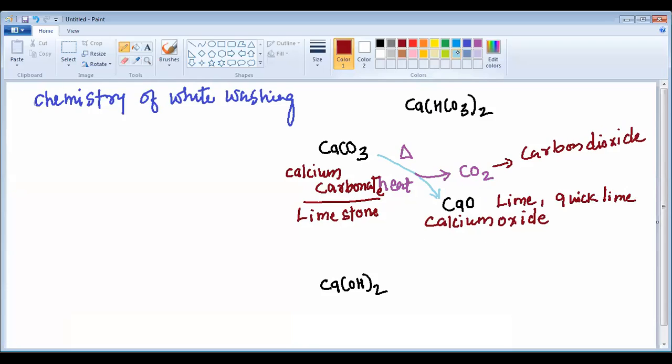Now what happens, my dear students, is that we add water to the calcium oxide. So we add something to calcium oxide, and that something is nothing but water.